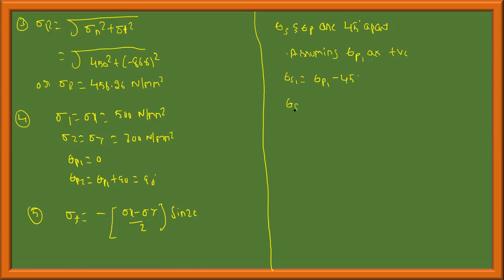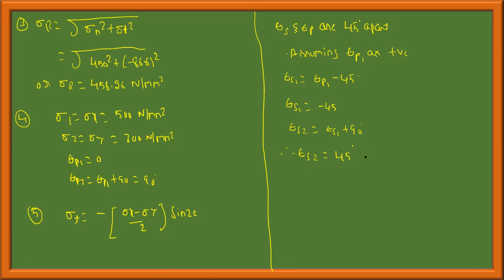Therefore theta s1 is equal to minus 45 degree. Theta s2 is equal to theta s1 plus 90 degree. Therefore theta s2 is equal to minus 45 plus 90, which is equal to 45 degree. Theta s2 is 45 degree.